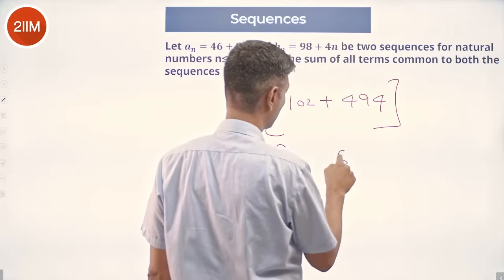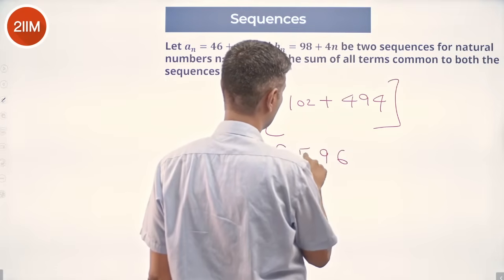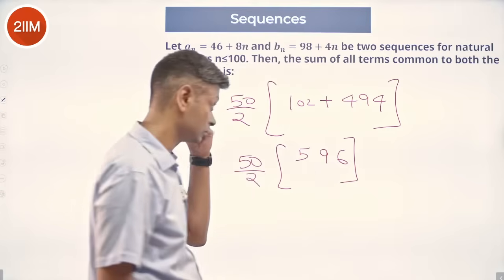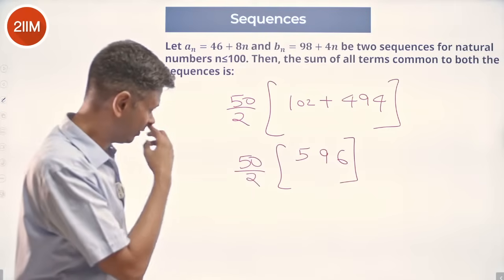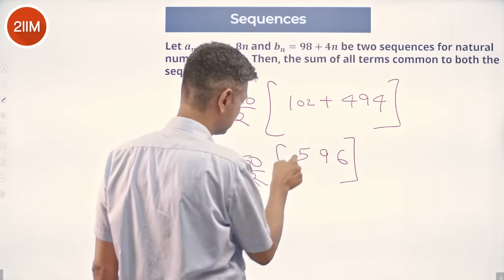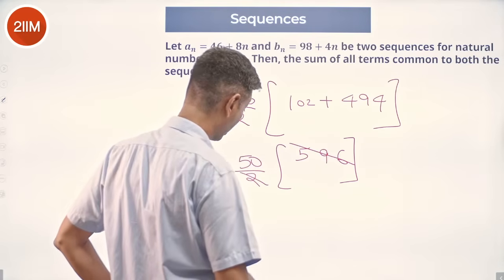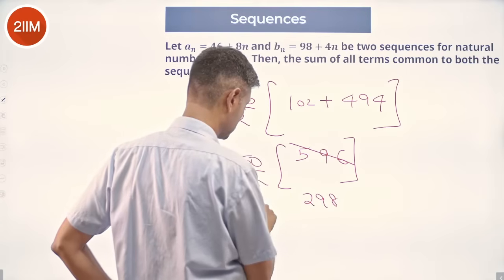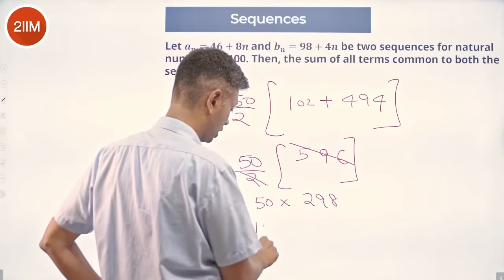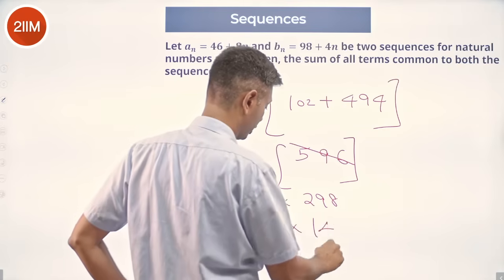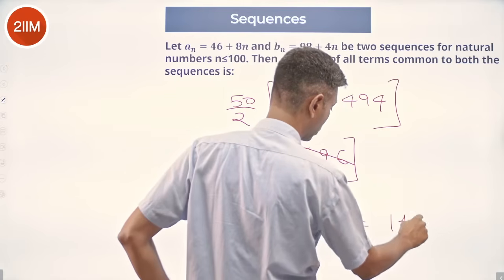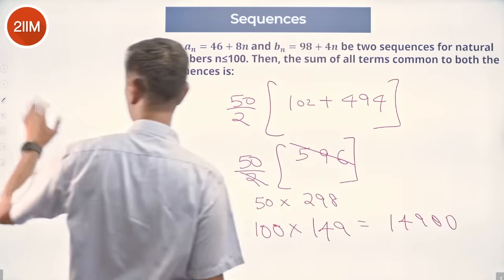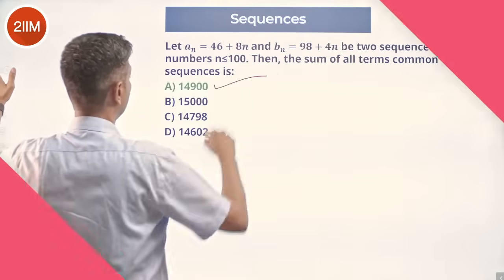Add these two, 2 plus 4, 6, 9 sitting here, 596. So let's divide this first of all. 596, 600 by 2 is 300. This is 298. 50 into 298 or 100 into 149, which is 14900. Hopefully that's there among our choices. It's there, done.